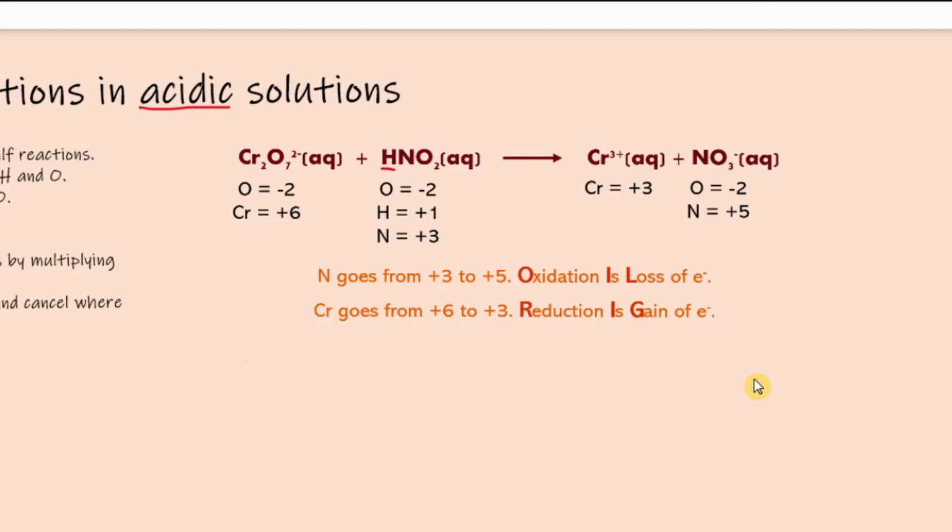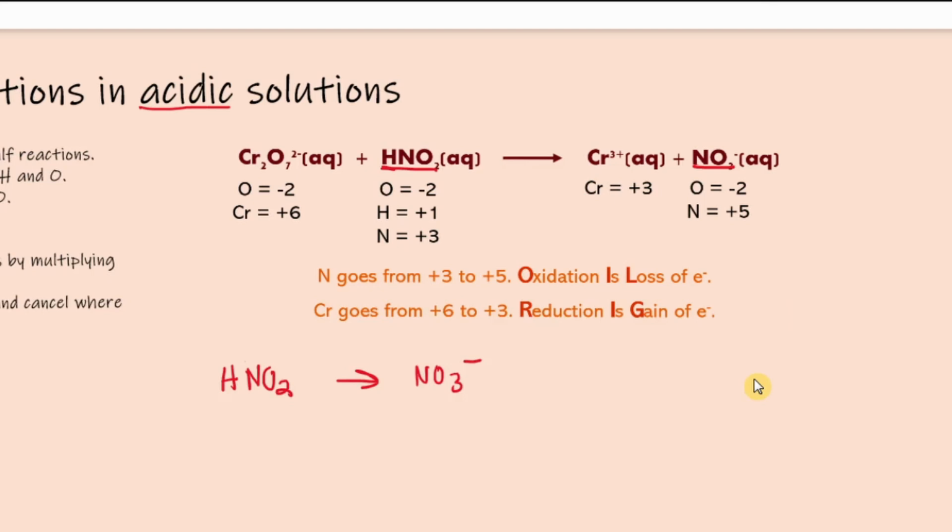You won't have one without the other, because something is going to be losing an electron while something else is gaining an electron. The key here is to split these out into their separate oxidation and reduction reactions. We know that the nitrogen is the one being oxidized, because it is losing electrons. So we're going to take this piece out.